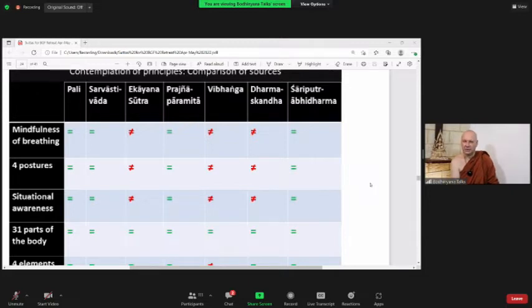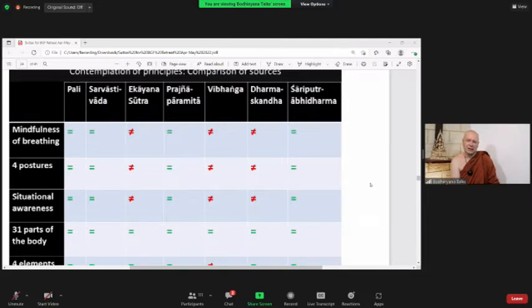It is not found in the Vibhanga, which is a Theravada Abhidhamma text. It is not found in the Ekayana Sutra, which is the Mahasangika school, one of the great schools of ancient India, and nor is it found in the Dharmaskanda, which is another Abhidhamma text of the Sarvastivada. It's only found in half the sources.